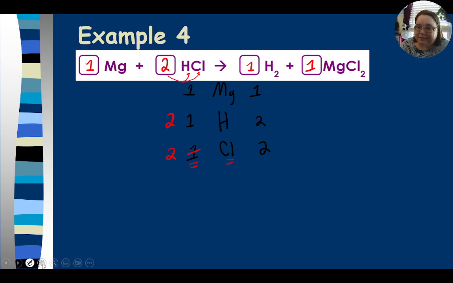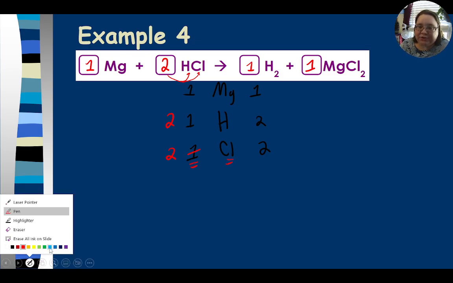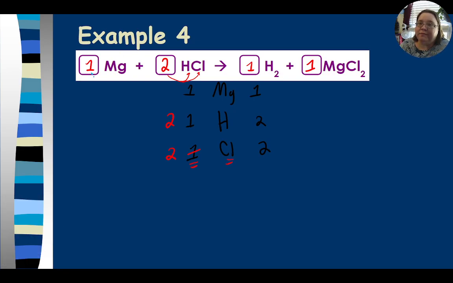Last step, double check, make certain your counts are correct. 1 times 1. That one's good. 2 times 1. 2 times 1. Product side, my H's, 1 times 2. Product side, my magnesium chloride, 1 magnesium, 2 chlorines.